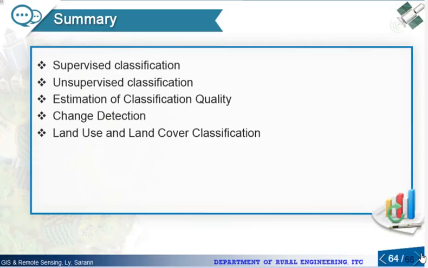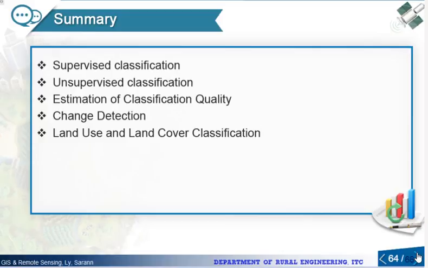So we have learned about the supervised classification, which is one of the methods to classify the satellite image. We have also seen the unsupervised classification that normally we call clustering. And then we have seen the estimation of the classification quality by using different coefficients like the kappa coefficient.